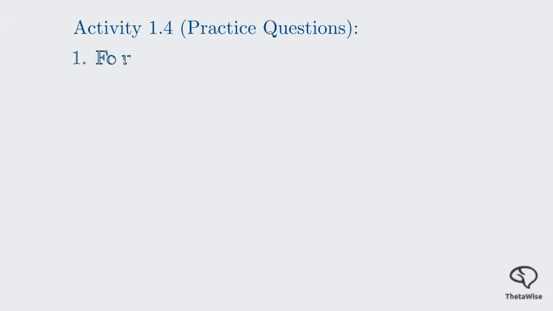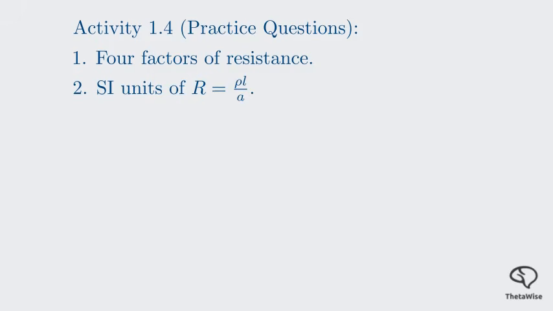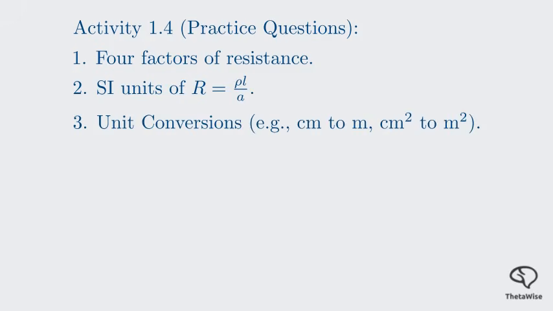Here are some exercises for you to try on your own. Remember to pause the video and work through them carefully. Activity 1.4 has several questions to test your understanding. Question 1 asks you to state the 4 factors we discussed. Question 2 asks for the SI units of each quantity in the formula R equals rho L over A. Question 3 is all about conversions.